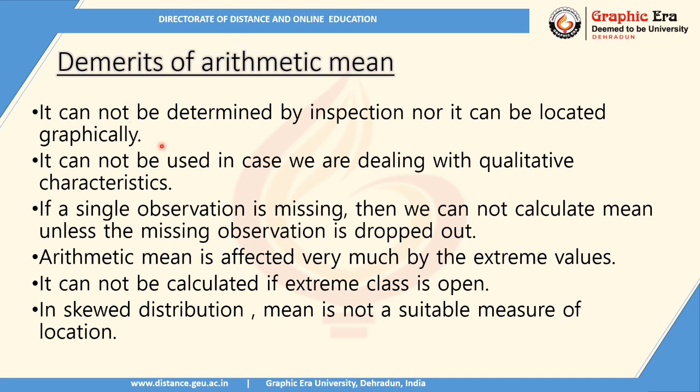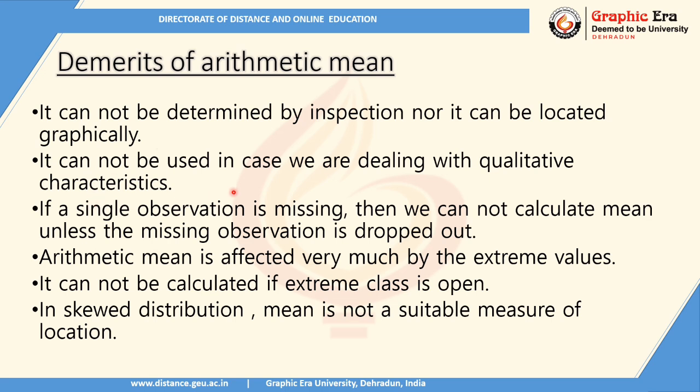By inspection, only seeing the values, we cannot determine the mean, or locate it on the graph paper. By seeing a graph, we cannot determine the mean of the given data. For finding the mean, we have to calculate it as per the given formulas and given data.